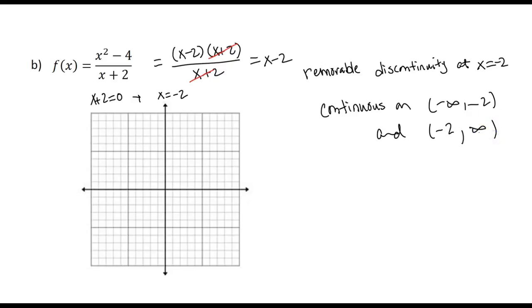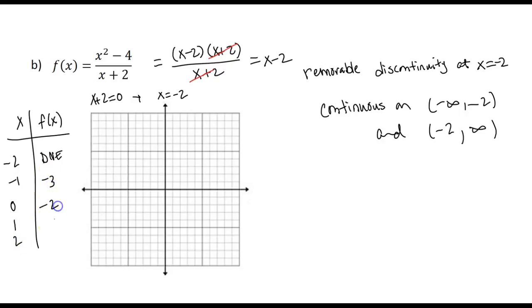2 to infinity. Now if you wanted to graph this, you could see what it would look like. So we know that it doesn't exist at negative 2, but if you plug in some other points, you get what looks like the following.